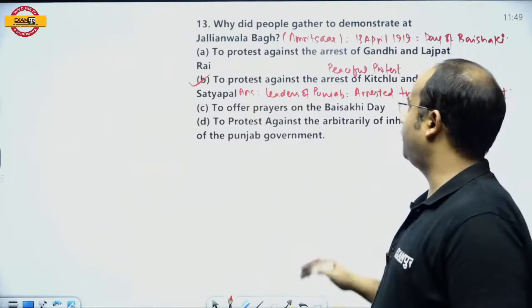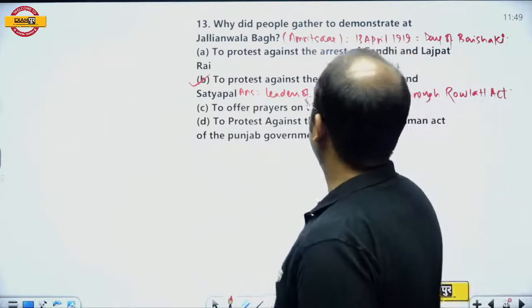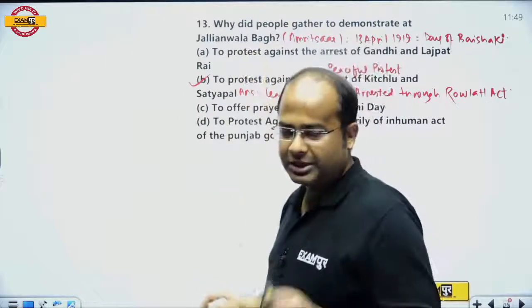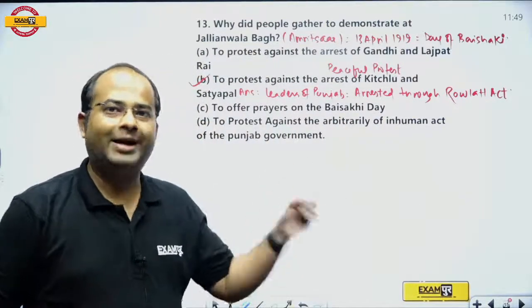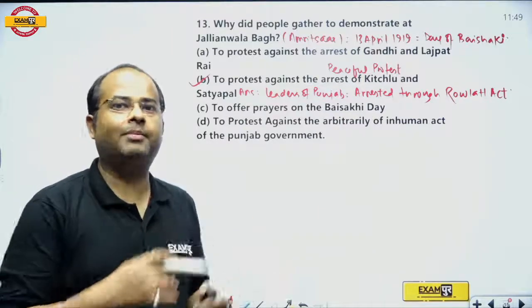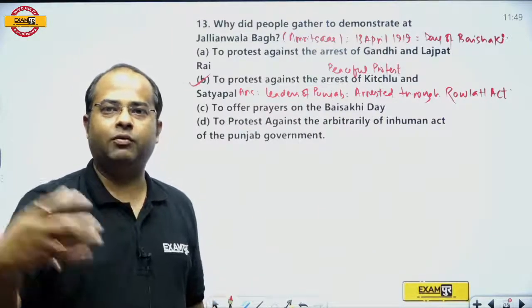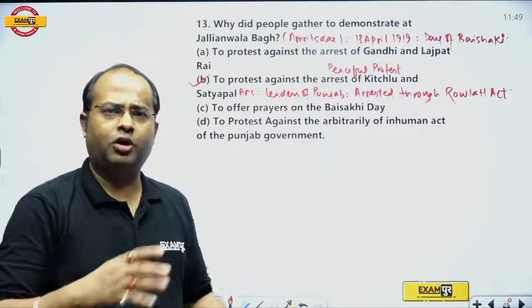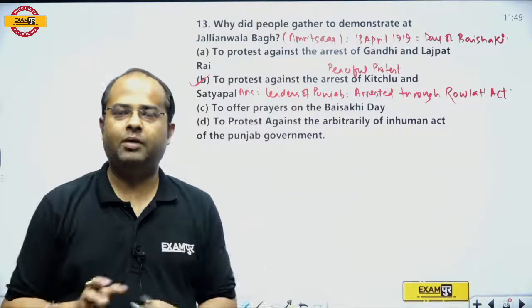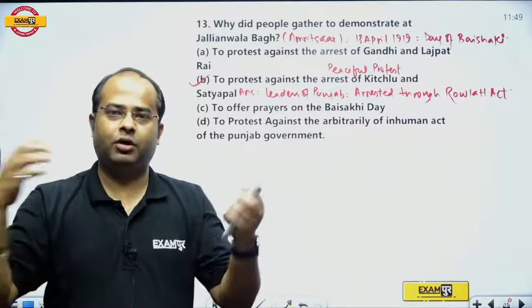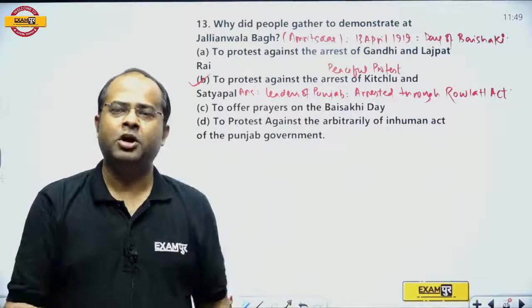Now, guys, people offer prayers on Baisakhi, but they did not come to Jallianwala Bagh to offer prayers. They would go to the Golden Temple, Amritsar, to offer prayers for Baisakhi. Jallianwala Bagh was a very big area surrounded by high walls on all sides, and the entrance gate was narrow.